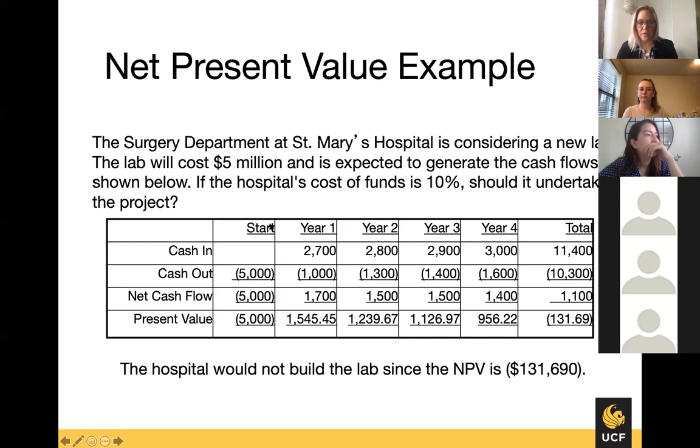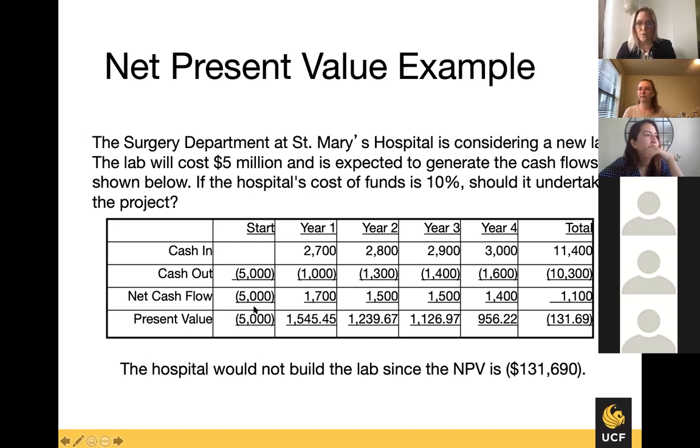Of $5,000. And then we've got probably some maintenance costs as other cash outflows over the next few years. So we're going to subtract the outflows from the inflows, which means right now in time period 0 today, we have a negative 5,000 net cash flow. And then for years 1, 2, 3, and 4, we have positive net cash flows.